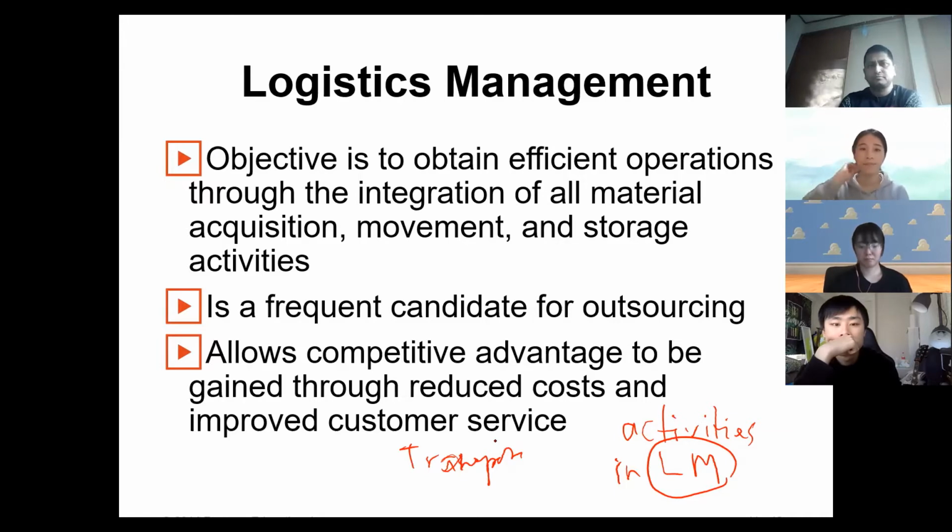Then from the port, another logistics is required. So the objective is to obtain efficient operation through the integration of all material acquisition, movement, and storage activities. I would say it is actually the movement of the inventory, the materials that is required.